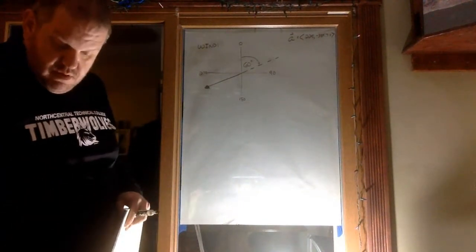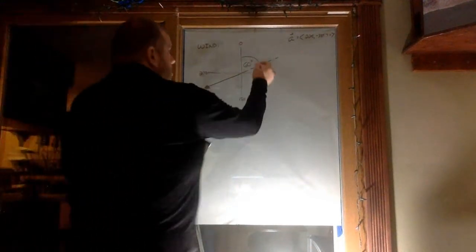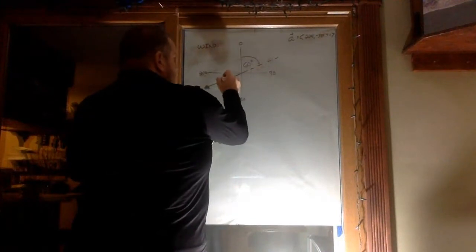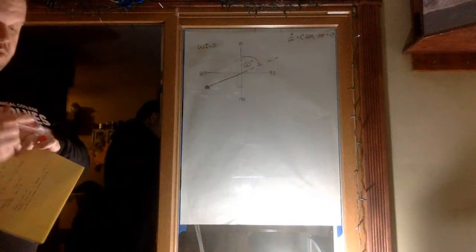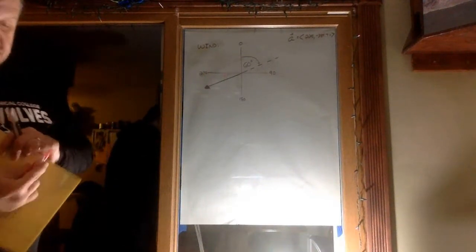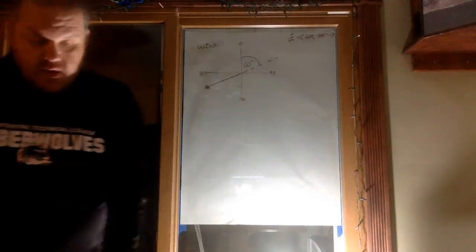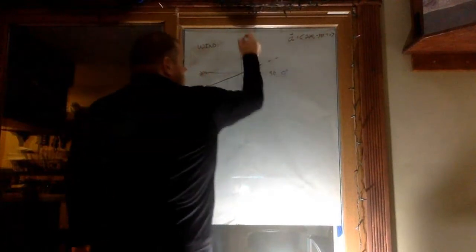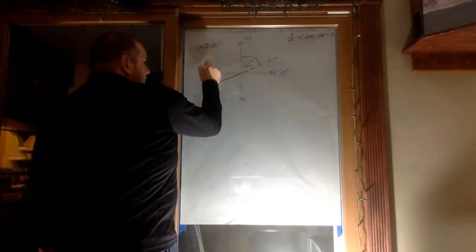So if you get a red marker here, if that's 60, then this would be 30, which means that that would also be 30 in there. Okay. So now if I switch that over to trig, this is 0, this is 90, this is 180.